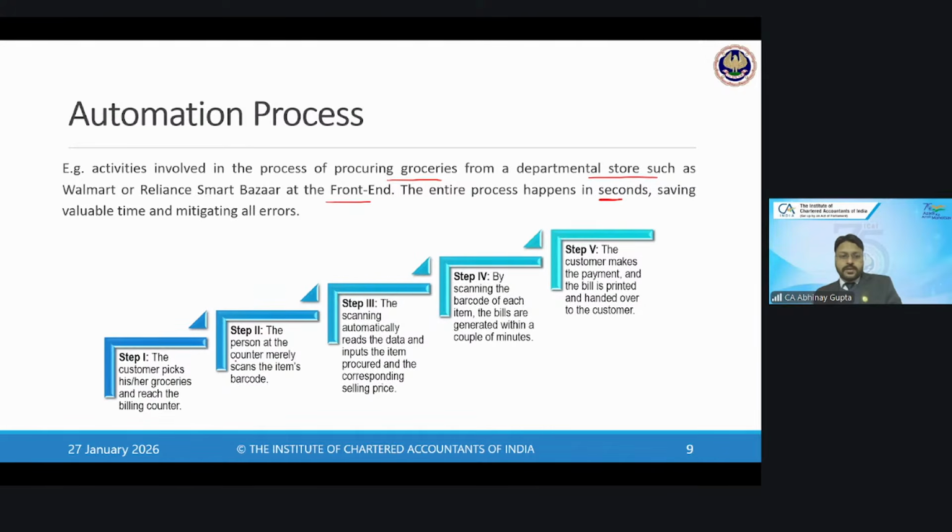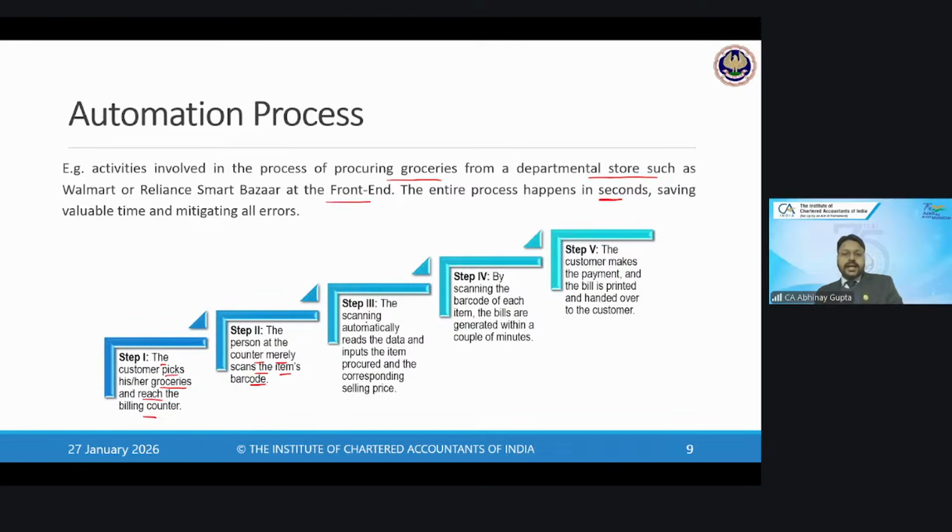So step one, first of all, you enter the mall, you pick up some selected groceries which you want to purchase, and then you take your cart to the billing counter, right? This is step one. Step two, the person at the billing counter simply scans the barcode of all those products or items, right?